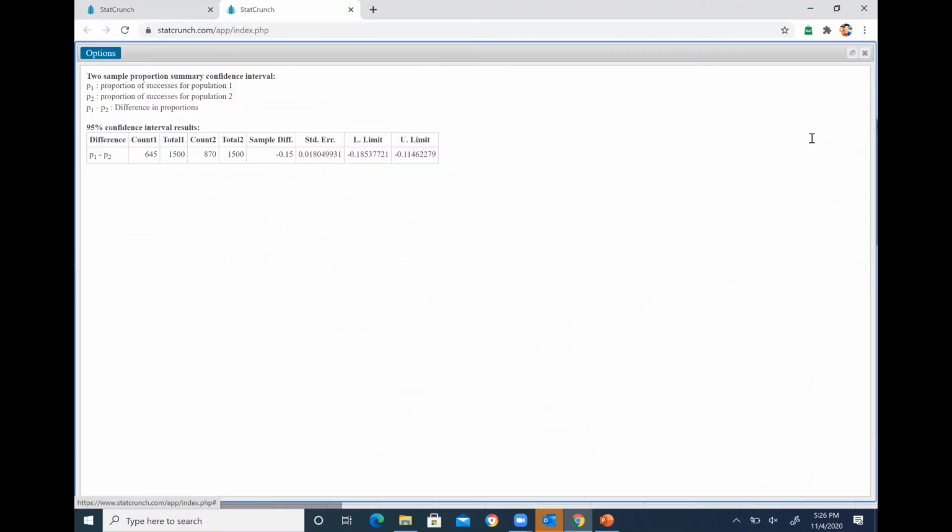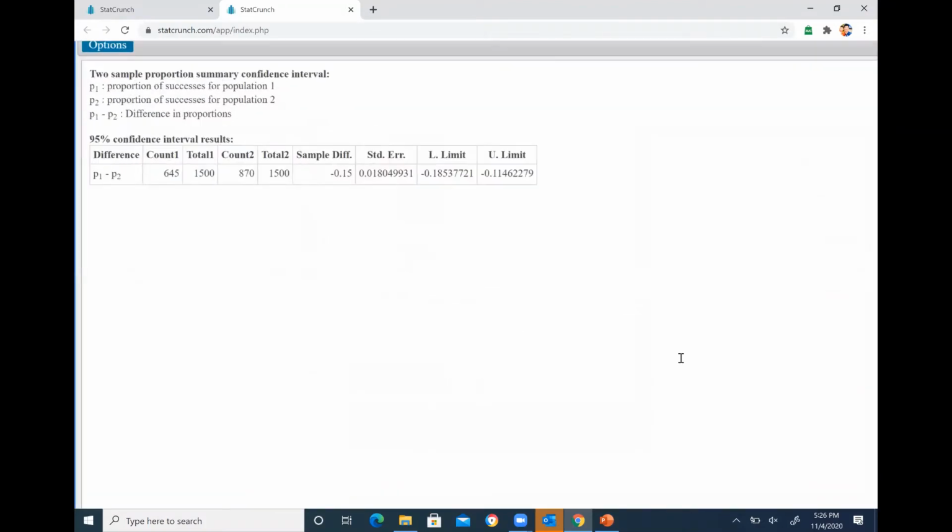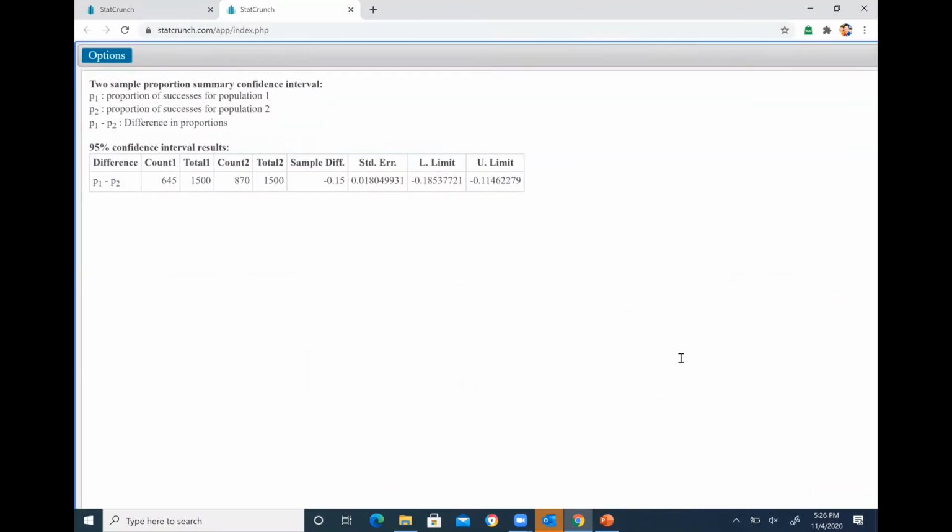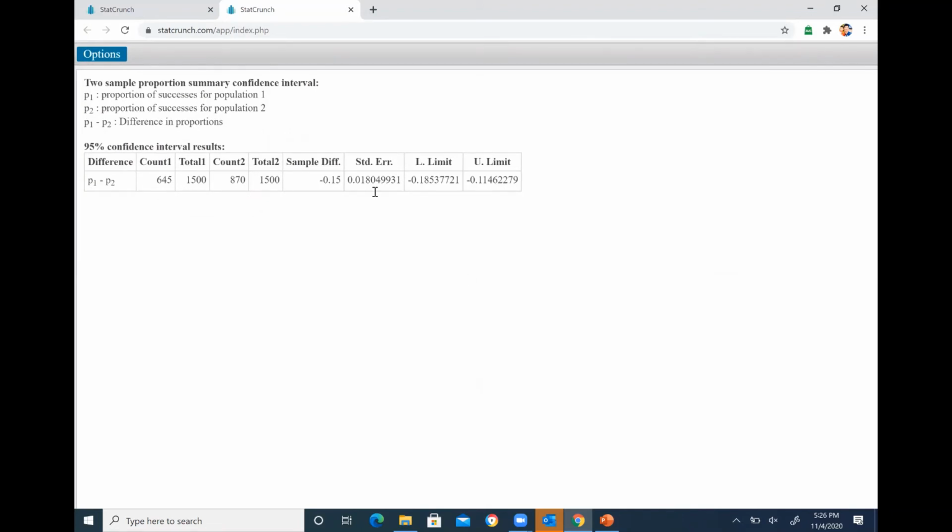When we click compute, we have the following. P1 represents the proportion of success for population 1 and so on. So this is P1 minus P2, the 95% confidence interval. The sample difference is a negative value.